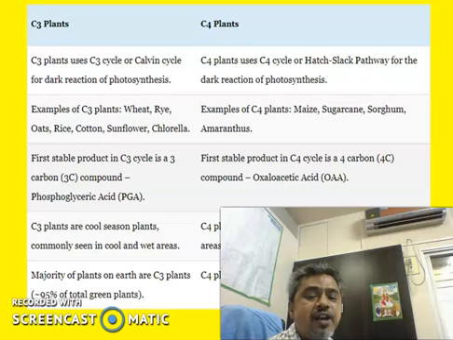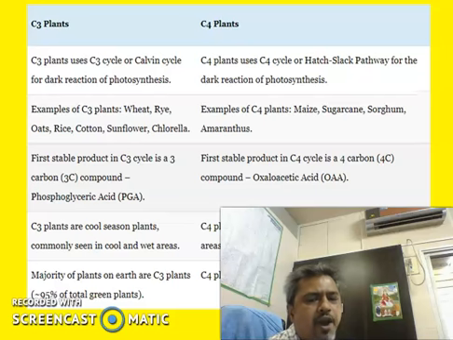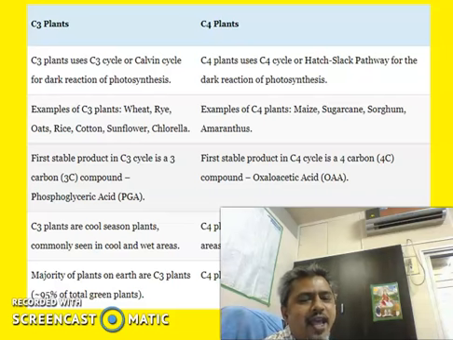Examples, as I said, C3 plants: wheat, rye, oat, rice, cotton, sunflower, and in algae, Chlorella also is a C3 plant. C4 plants, I will tell you: maize, sugarcane, sorghum, amaranthus. That is C4 plant.